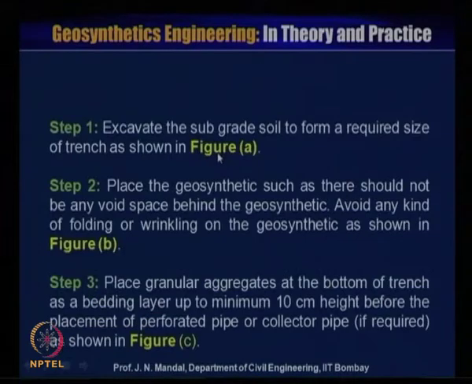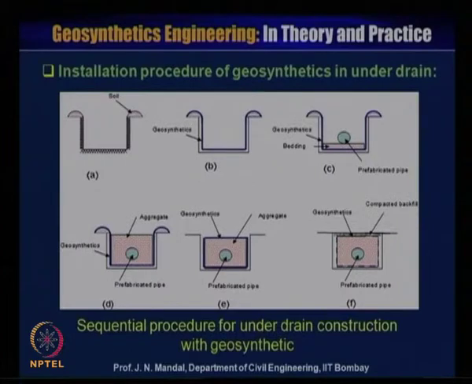And next, step 3, you place the granular aggregate at the bottom of the trench as a bedding layer up to a minimum height of 10 centimeters before the placement of the perforated pipe or collector pipe, if required. So, here you can see this is the bedding layer of 10 centimeters, and then this is the prefabricated perforated pipe.